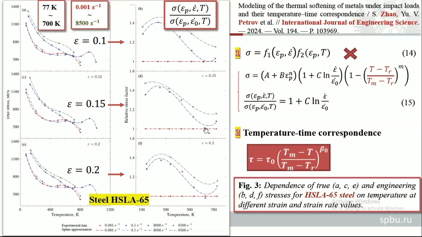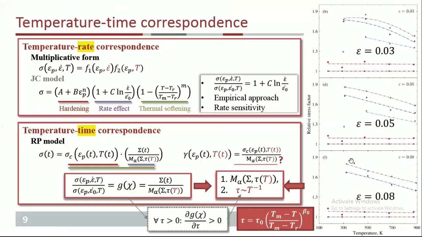Furthermore, it also implies the existence of the temperature-time correspondence. So we have temperature-rate correspondence, which states that the stress obtained by increasing the strain rate can also be achieved by lowering the temperature. And models following this general correspondence usually provide a temperature-independent relative stress factor shown here. And it is an empirical approach to study the rate sensitivity of materials.